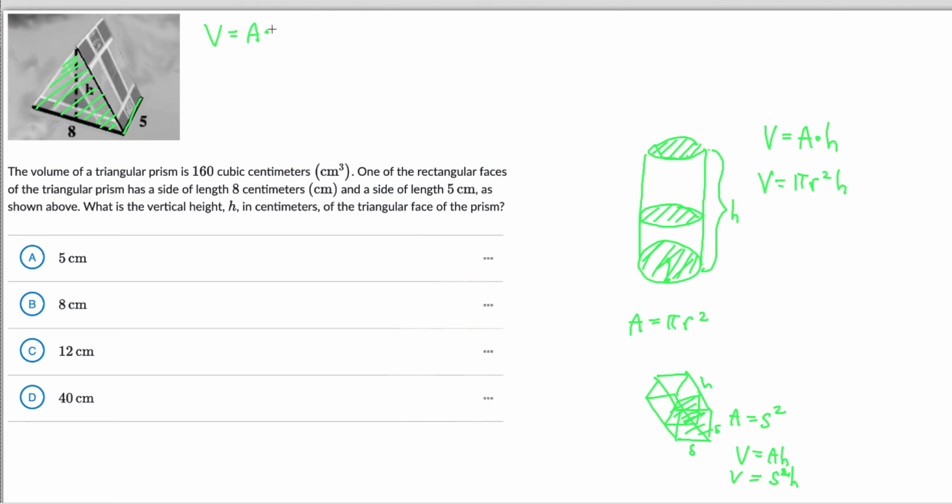The area of a triangle, we should know, is 1/2 base times height, and I'll use a different letter for this dimension, let's say w, for width.